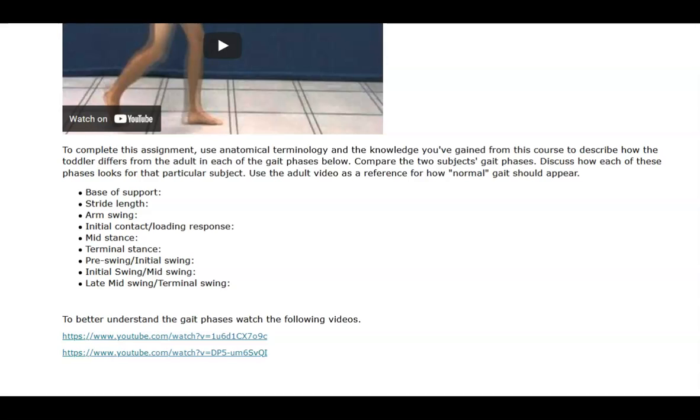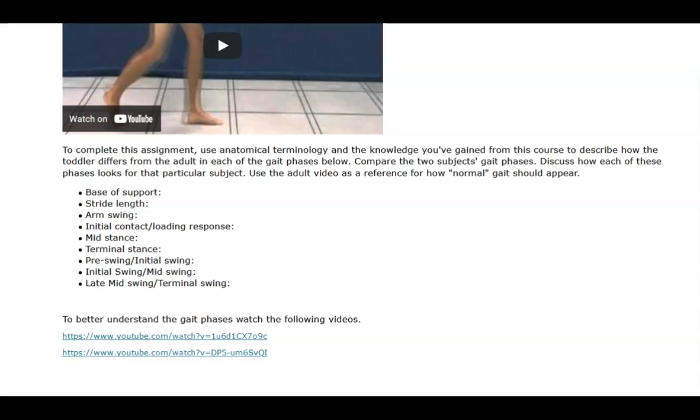Stride length, toddler, adult. Arm swing, toddler, adult, and compare them that way. Either one of those two ways is fine for you to compare them and do an analysis of their gait. You just decide which one's easier for you to write in your comparison.